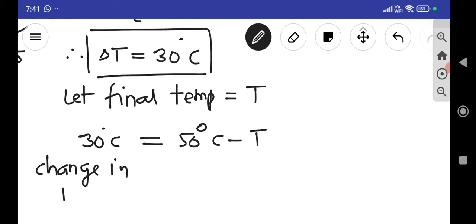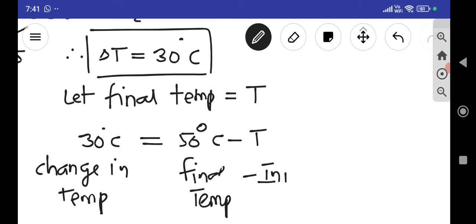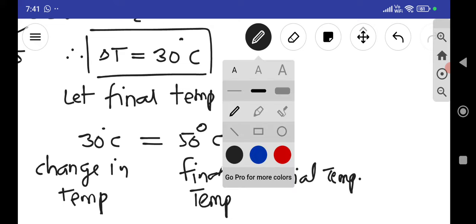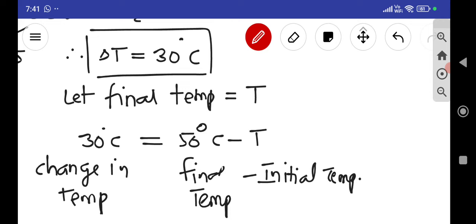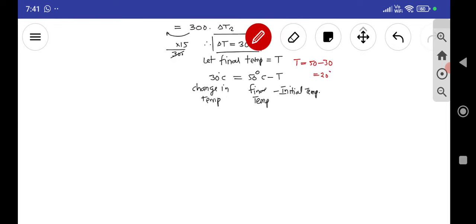Change in temperature is equal to final temperature, which is given, minus initial temperature. They are asking in the question what is the initial temperature, how much you have raised it. Now we can calculate it. So on sending it to the other side, T is equal to 50 minus 30, which is equal to 20. Hope you have understood up to this.